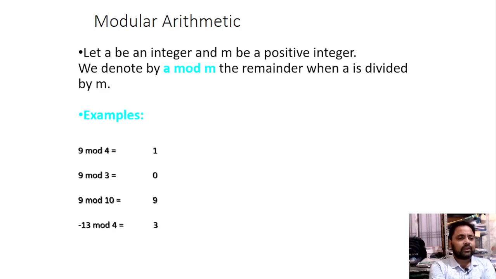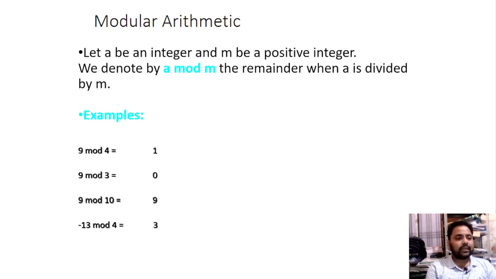So simply we can use a as an integer and m as a positive integer. So we denote by a mod m the remainder when a is divided by m.